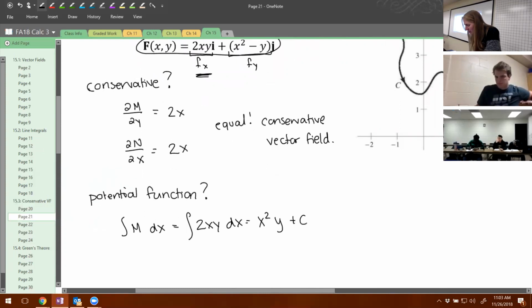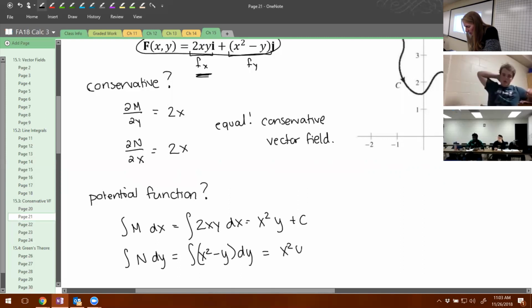plus some constant. Similarly for n, we verified that yes, that's a gradient, which means x squared minus y is indeed the partial derivative with respect to y. So we need to undo that differentiation. That is going to be, which is what? x squared y minus 1/2 y squared.